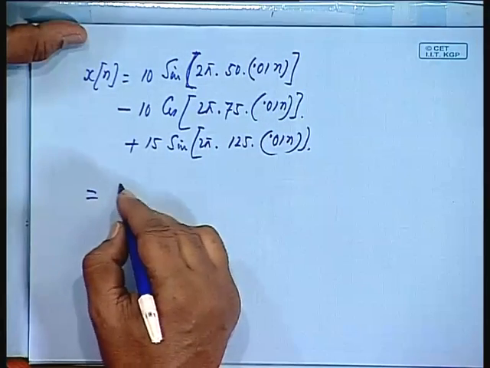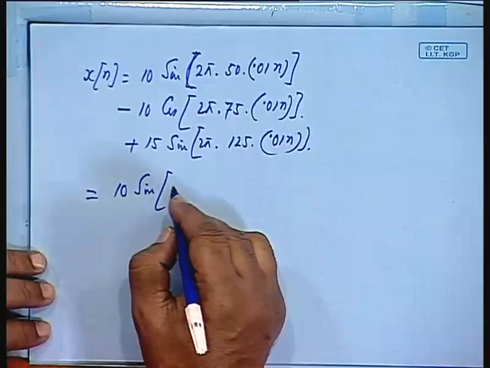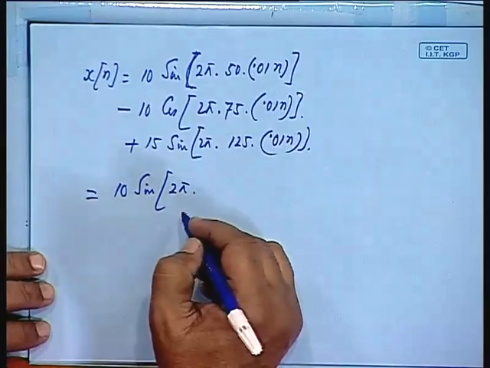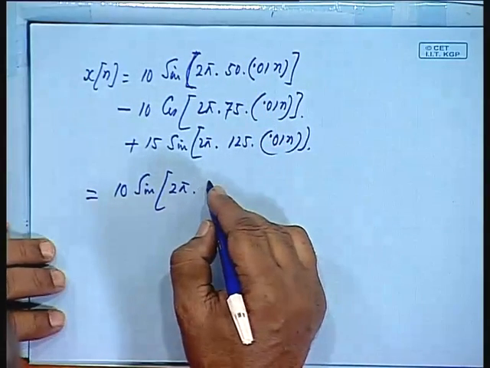So, that gives me 10 sin 2 pi into how much is this? 0.5.